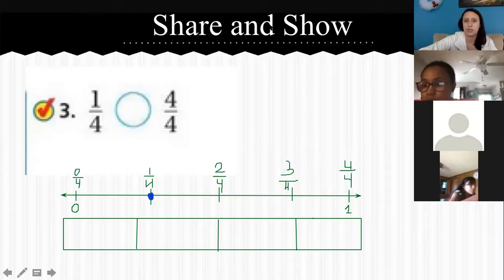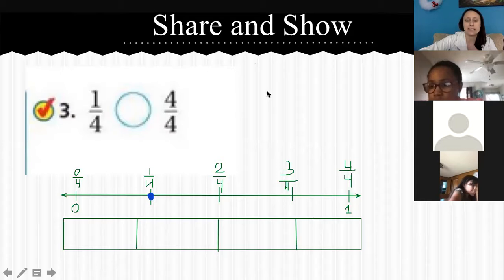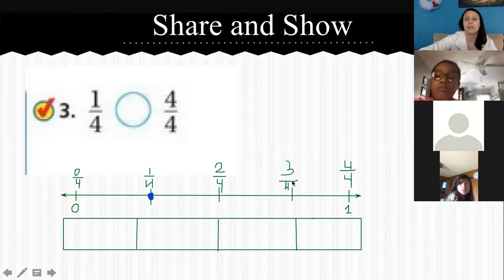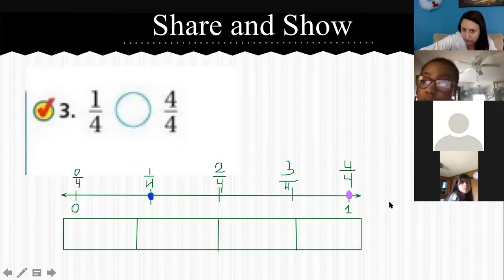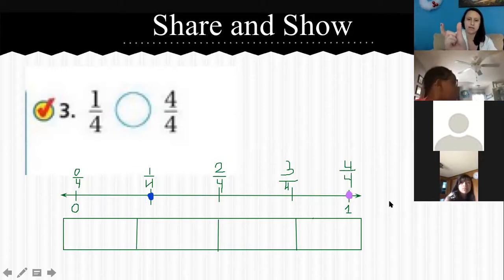I'm going to change colors because now this is going to be my next fraction. That's 1 out of 4. That's 2 out of 4 pieces, 3 out of 4 pieces, and this is 4 out of 4. So here's my other one. If I ate 1 section out of all of them, then I only ate this much, right?